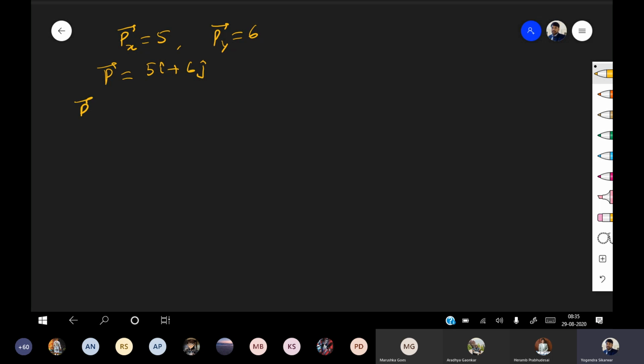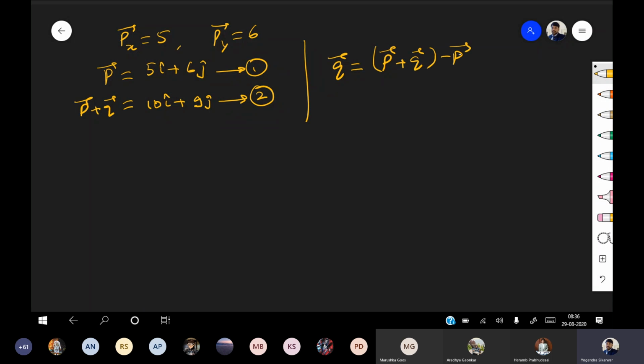So now p vector plus q vector is equal to how much? 10 and 9. So 10 i cap I am writing directly plus 9 j cap. Then find the magnitude of q. Now pay attention. This is p vector. This is p plus q. So q vector will be nothing but p plus q minus p.